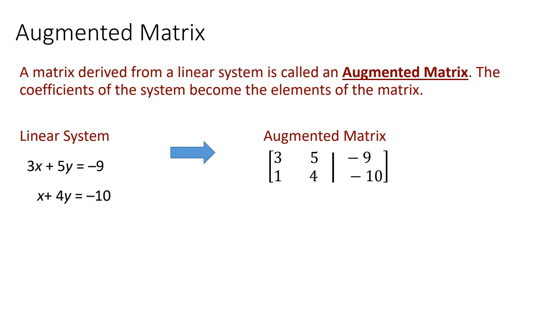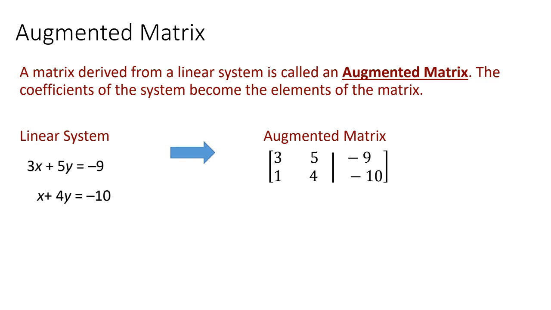So for instance, in this linear system, line 1 is 3x plus 5y is equal to -9. The coefficient of x is 3, which goes in row 1, column 1. My 5 will go in row 1, column 2. And the way we represent the equal sign in an augmented matrix is just by this line. So the line is represented by the equal sign, and then it's just our solution, the -9.